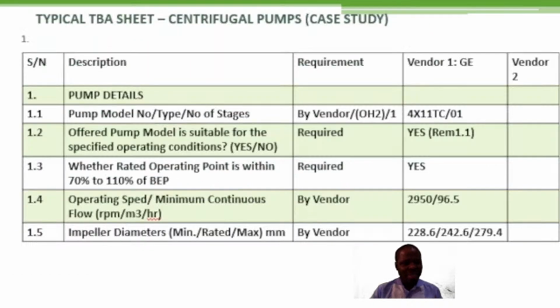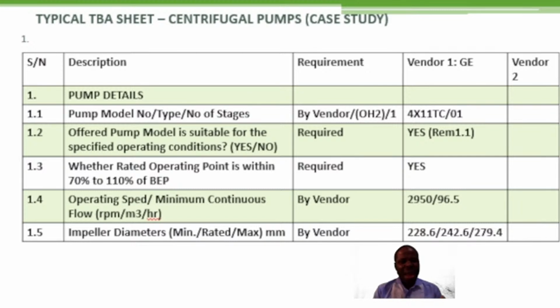So without wasting our time, we are going to look at a typical technical bid analysis sheet. What are the information that are very important, that needs to be on your technical bid analysis sheet? You see, there are general requirements and there are special requirements.